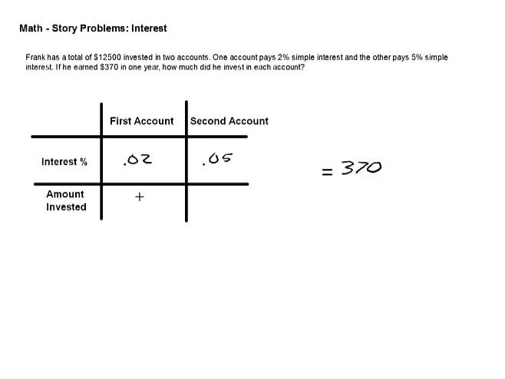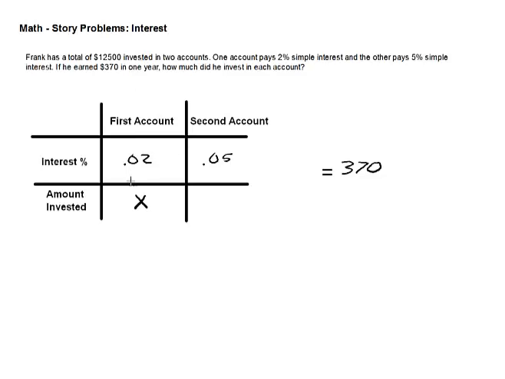And now, for the amount invested, one of these we're going to make our variable. We'll just make it the first one. So that's our X. To find this one, it tells us the total amount he invested, which was $12,500. If we subtract how much we invested in the first account from this amount, that would give us the total in the second account.